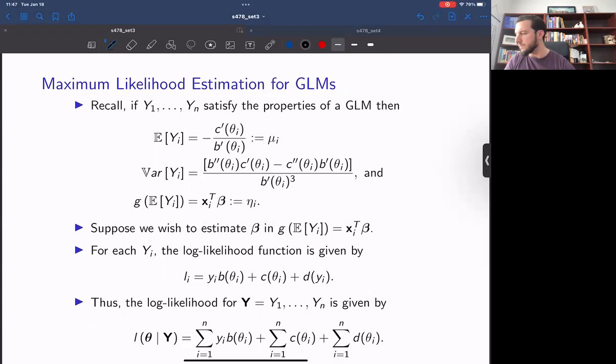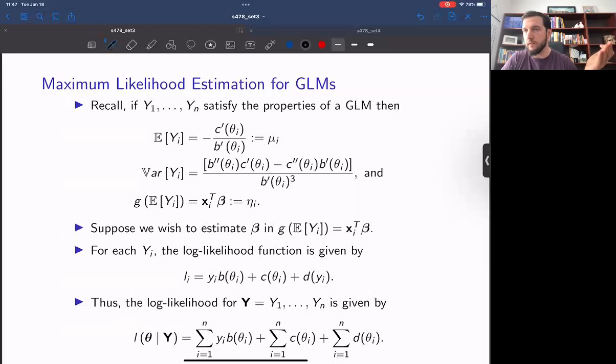Okay, so just as a reminder, recall that if y1 to yn satisfy the properties of a GLM, so they belong to an exponential family that's in canonical form, and there's some link function that can connect the linear component to the response variable, then the expected value of y is going to have representation negative c prime theta over b prime theta.